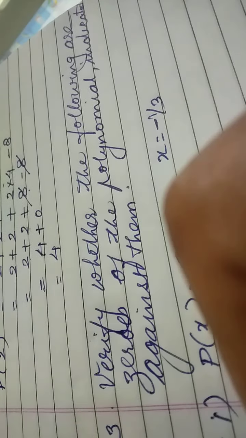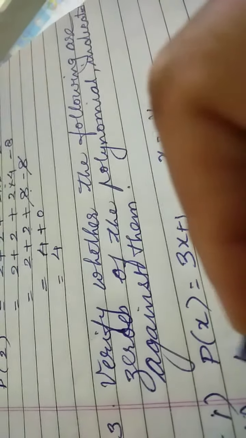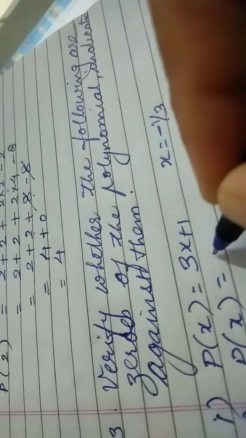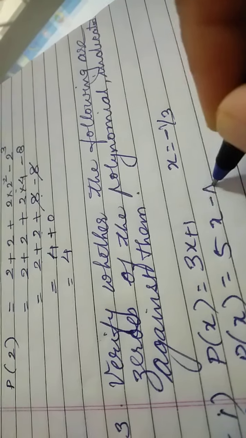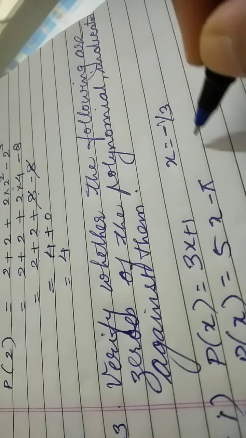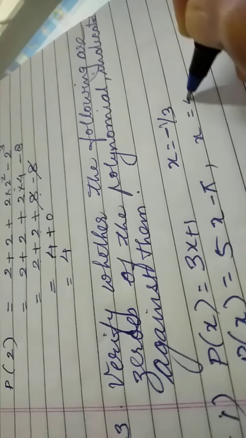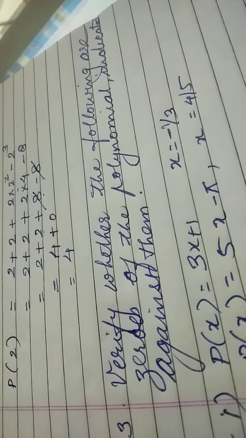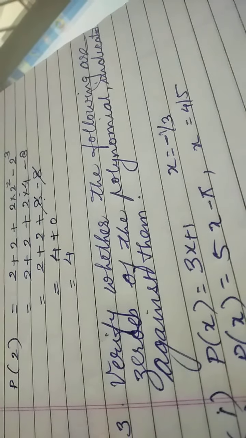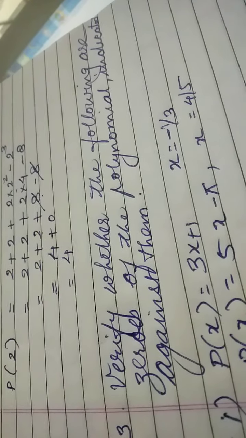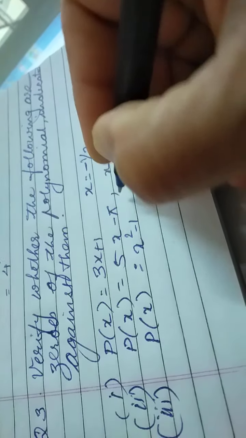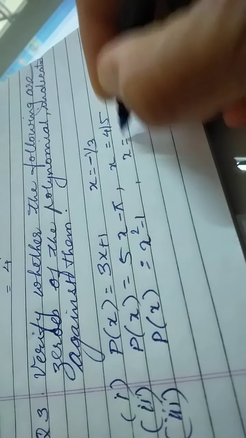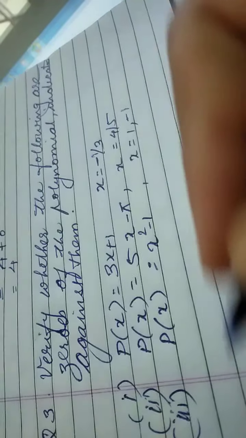Second is P of x is equal to 5x minus pi and x is equal to 4 upon 5. Third is p of x is equal to x square minus 1 when x is equal to 1 and minus 1.